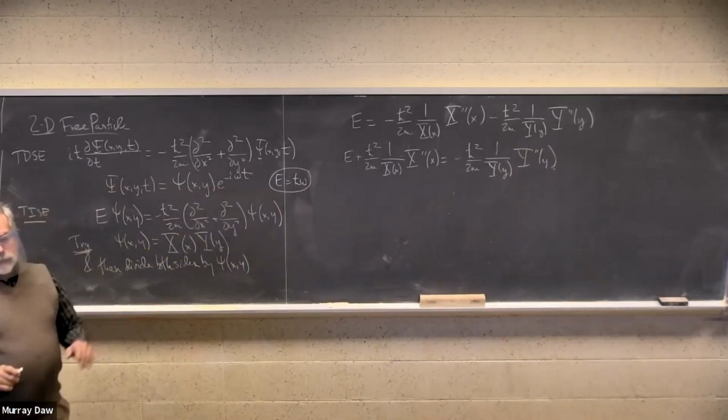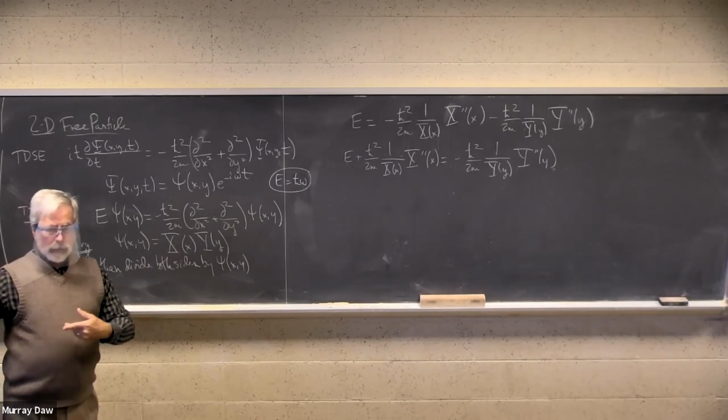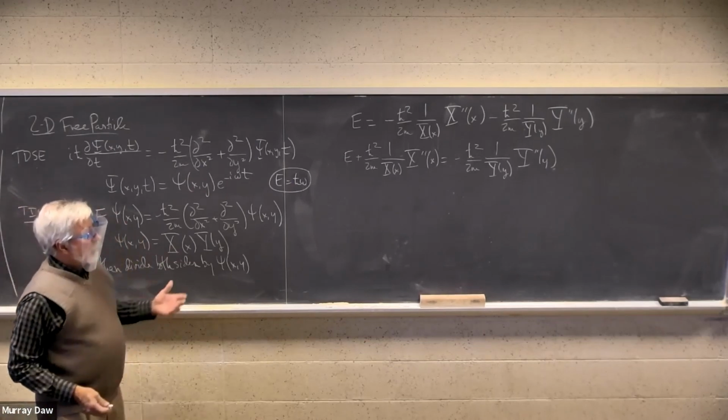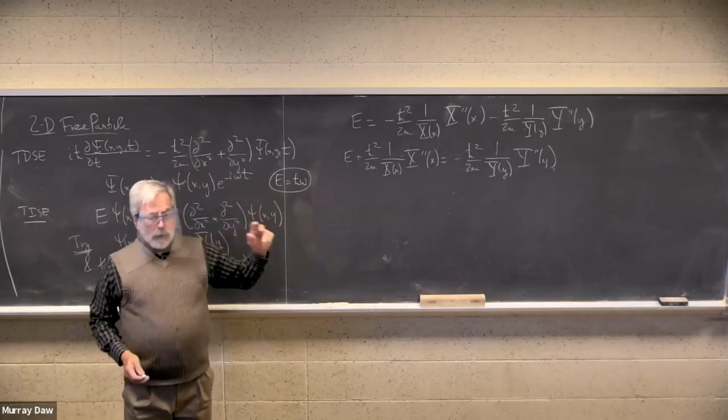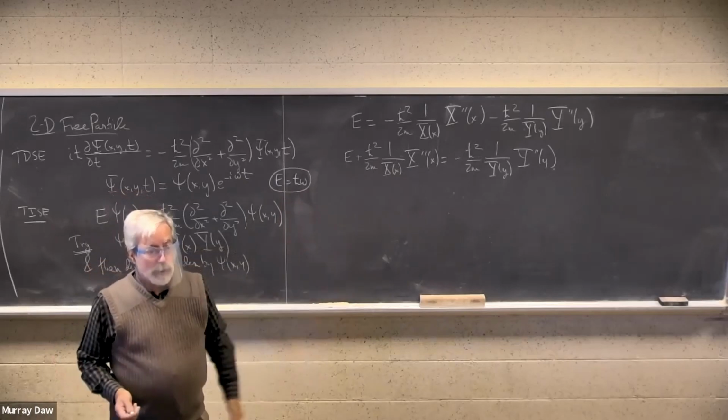Same strategy here. I'm trying to get X on one side, Y on the other side, not have it mixed up at all. So we can get all the X terms over to the left, all the Y terms over to the right. We have this constant here, but it doesn't depend on either X or Y, so it doesn't matter where we put it.